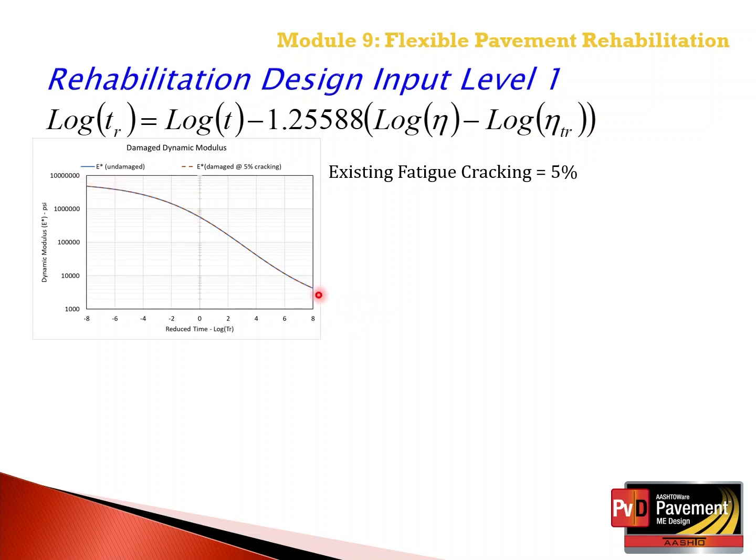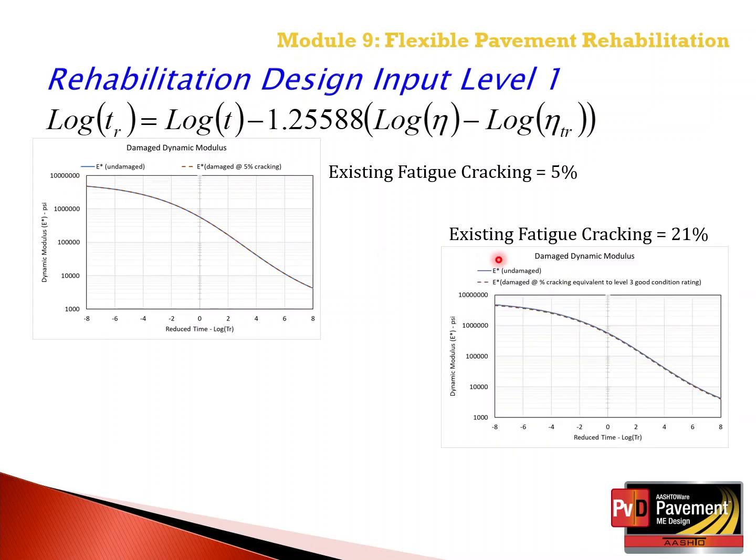They're almost equal, so there's very little damage in the existing asphalt layer. As we start to increase the amount of cracking and or damage, this shows the relationship. Now the blue line is still the undamaged relationship measured in the laboratory. The dashed curve represents the damaged master curve and is defined from the back calculated elastic layer moduli of the asphalt layers.